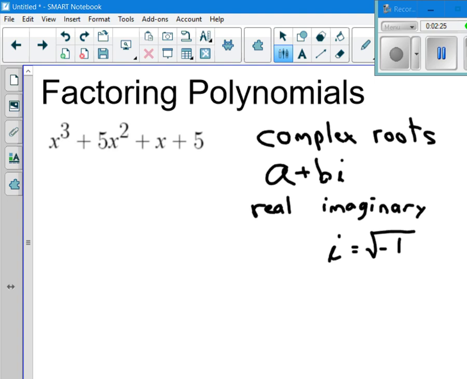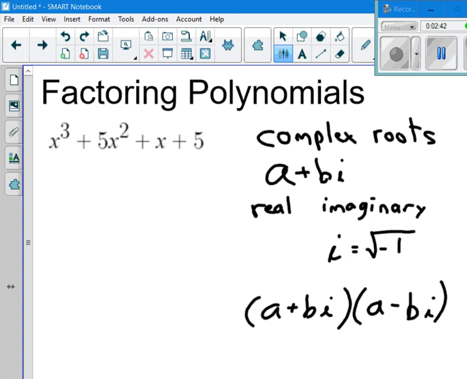So the thing about these kinds of roots, imaginary, is they always come in pairs. They always come in pairs. So a plus bi and a minus bi. If they don't come in some kind of a pairing, which is called the complex conjugate, then you're going to see i's all throughout the polynomial.